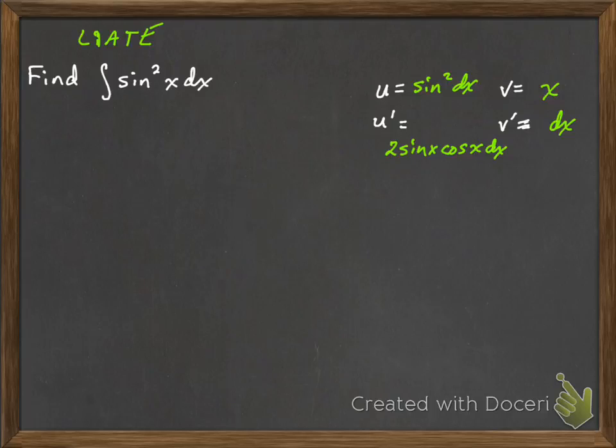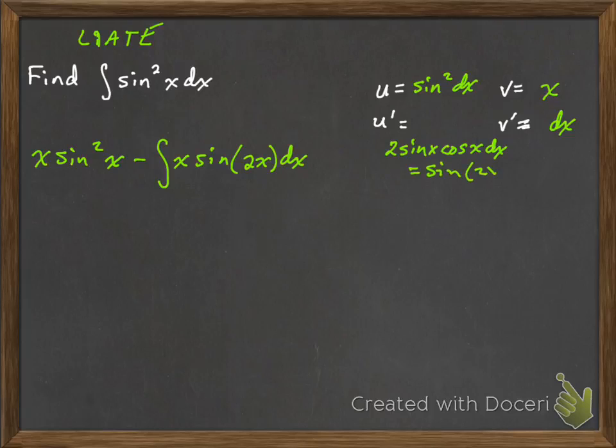So all right, plugging in is going to give us x sine squared x minus the integral of x sine 2x dx, because that is what this trig identity is equal to, sine 2x.